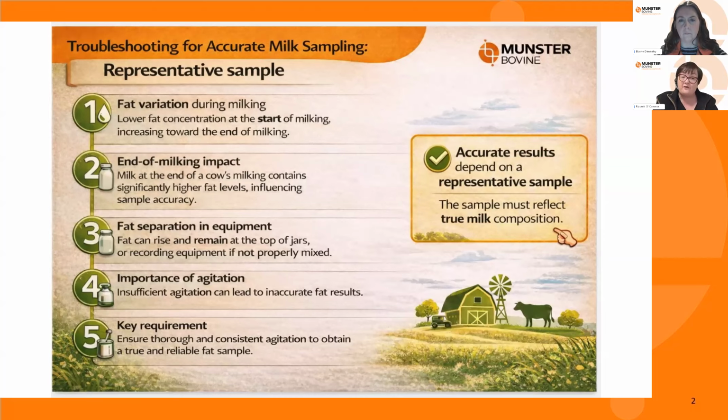In herds with electronic meters, what's important is that you get a drip sample and that drip sample is continuous throughout the milking. It's really important to get a representative sample, particularly for fat. Protein at the start of milking is the same as at the end of milking. It's much easier to get a representative sample of protein, much more difficult to get a representative sample of fat.